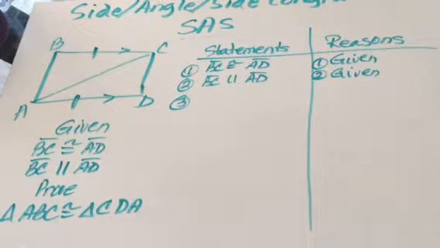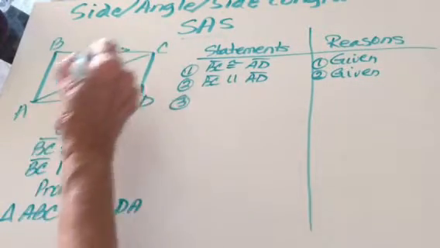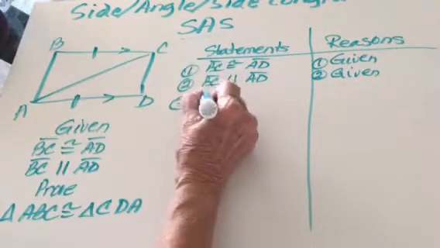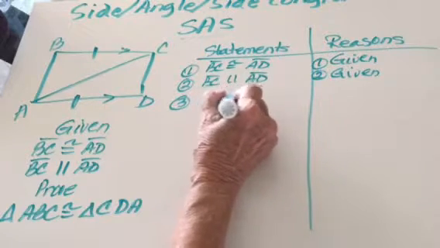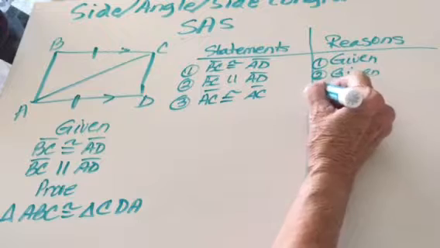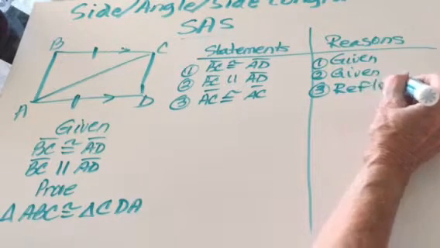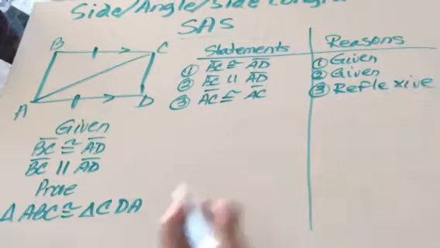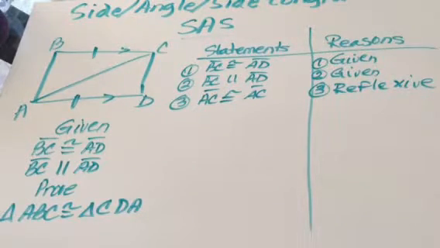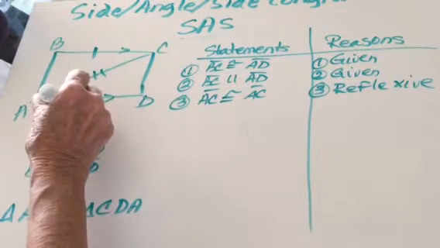Well, the thing that jumps out at me is this. Number 3, AC is congruent to AC. Why? You remember this word? You look in the mirror, the reflexive property, right?